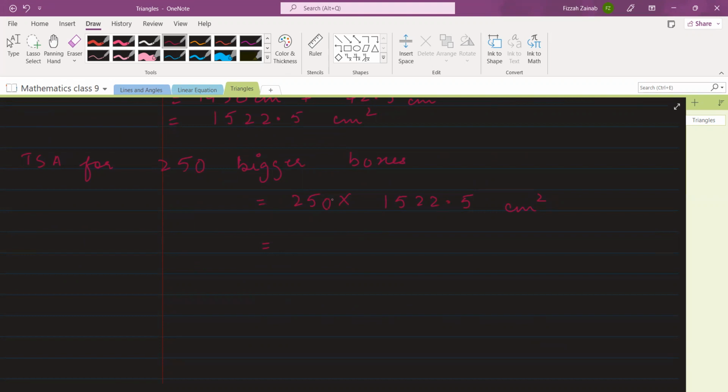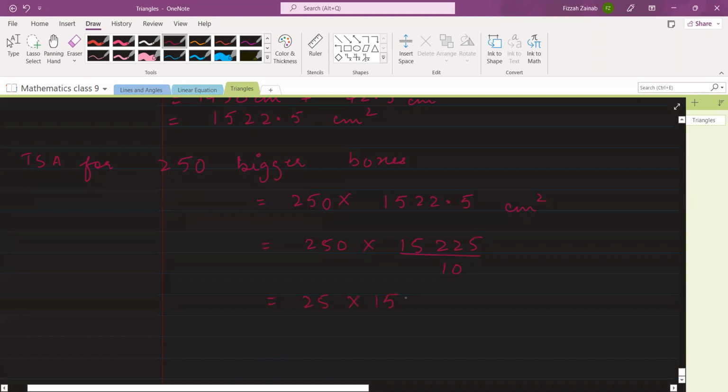One more zero will come. Okay, so at least this zero will go. Just wait. If you remove the decimal, it is 15225 and then divided by 10, right? So this zero at least will cancel out. So 25 into 15225 only. Now please multiply and tell me.